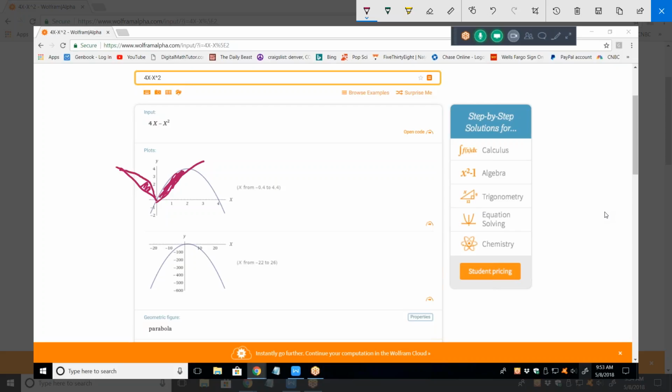That ends up giving me a solid that looks something like that. Now, I'm going to integrate from that point to that point. In other words, the very first dollar bill I laid down to create this thing.